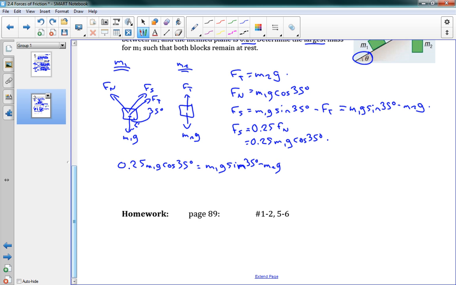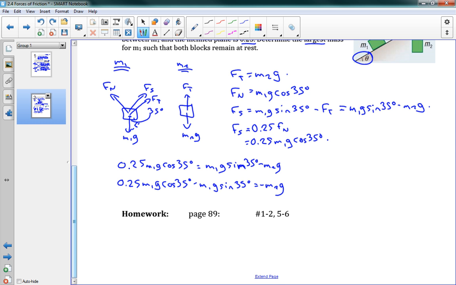Alright, and now with a bit of creative rearranging, we can find the mass of m1. You can see that we can get two m1 terms on the left. I'll just do that here. We get 0.25 m1g cosine 35 minus m1g sine 35 degrees is equal to negative m2g.